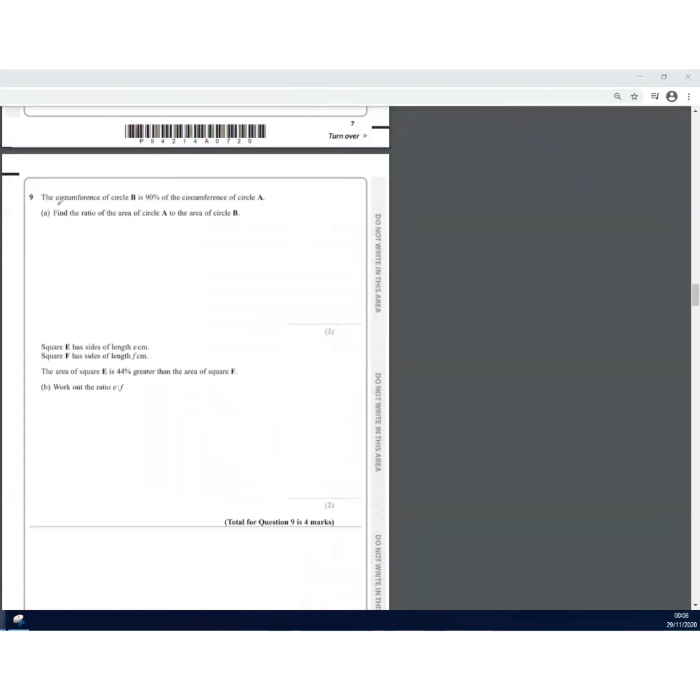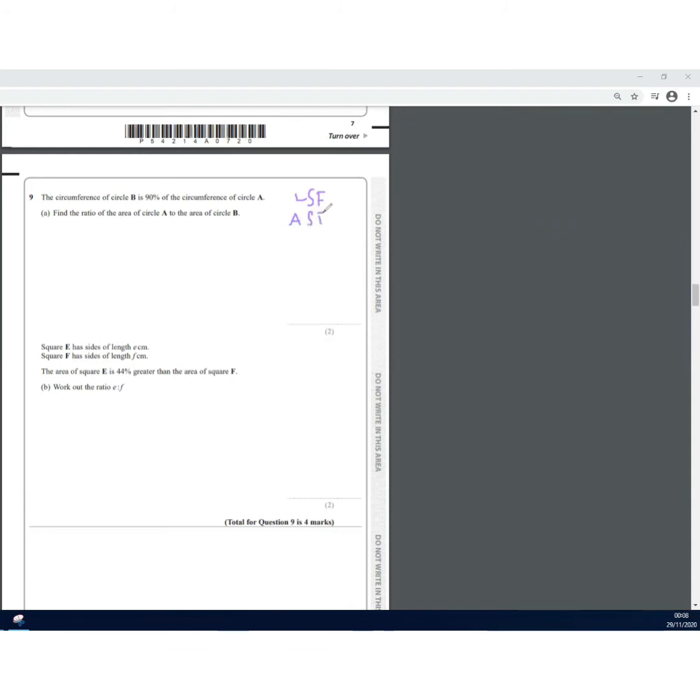In question number 9, it's given that the circumference of circle B is 90% of the circumference of circle A. And they want us to find the ratio of the area of circle A to the area of circle B. So circumferences are usually linear scale factors, whereas the ratio we need to find is obviously an area scale factor.